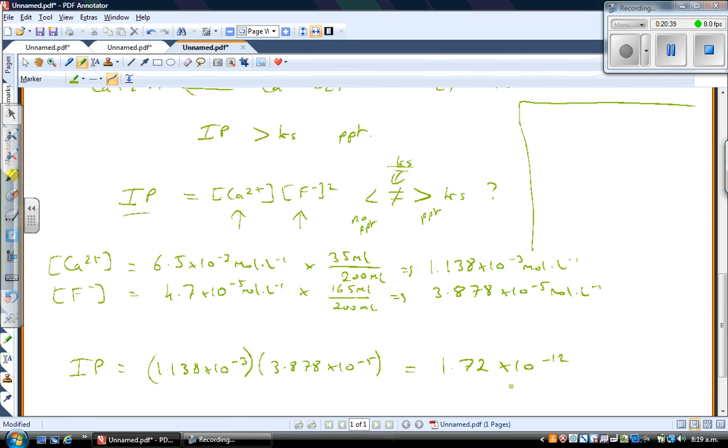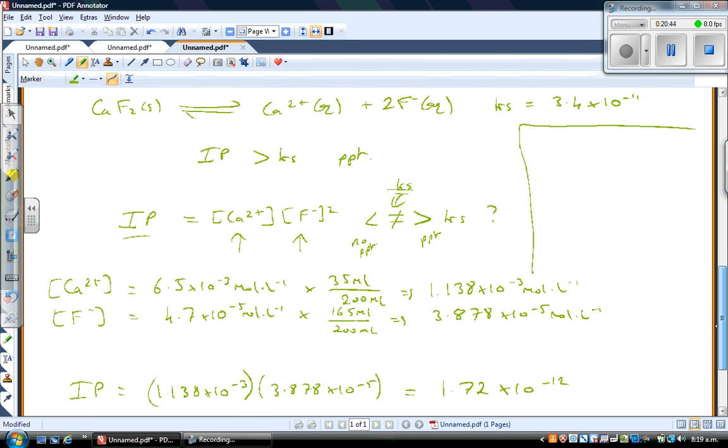And the Ks value originally was, if we see up here, 3.4 by 10 to the minus 11. So this is less than the Ks value, therefore you get no precipitation. And that's how you do those questions. That's the main type of question they can ask you for the IP Ks expression. The only way they can make it a bit more difficult is to get you to deal with the dilution factor.